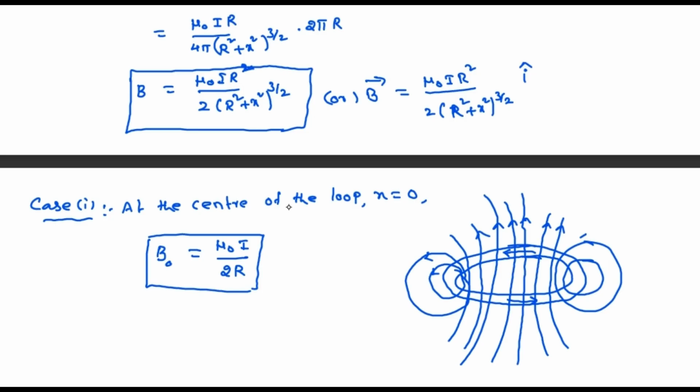So the direction of the magnetic field can be understood with the help of the right hand thumb rule.